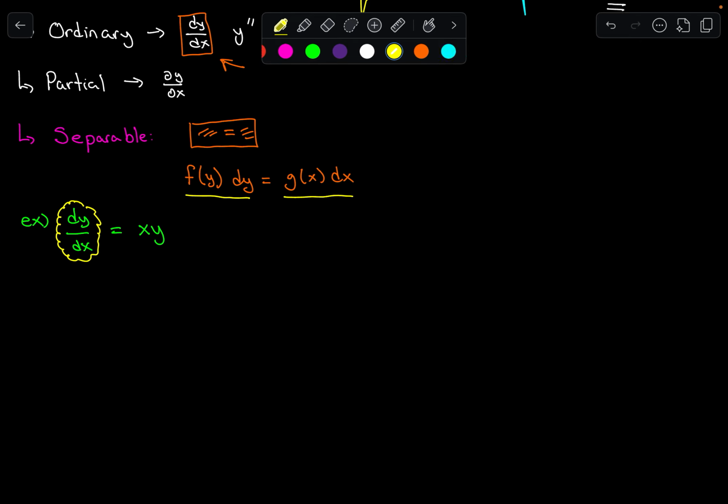If I multiply both sides by dx, I get dy is equal to xy dx. And if I divide out the y on both sides, I get 1 over y dy is equal to just x dx.